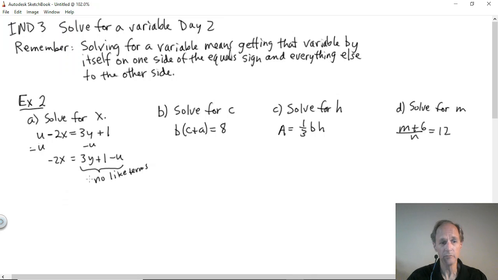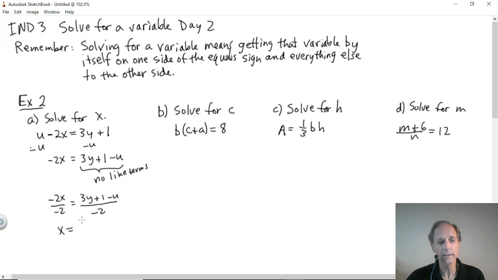Now we're almost done. We got to get x by itself, so we divide both sides by negative 2. And on the left, we get our x just like we wanted to, all by itself.